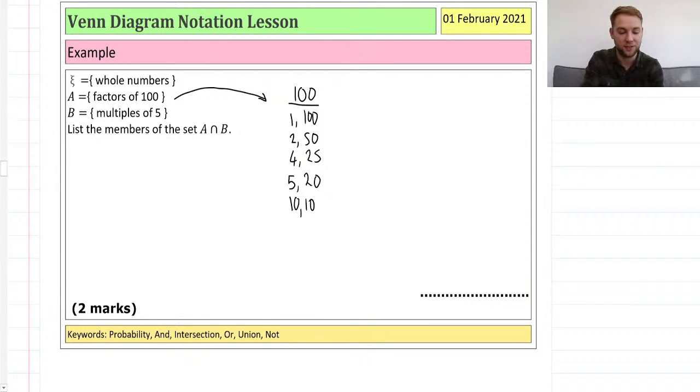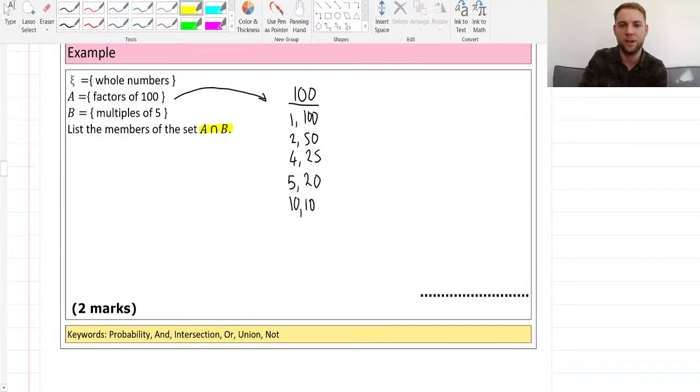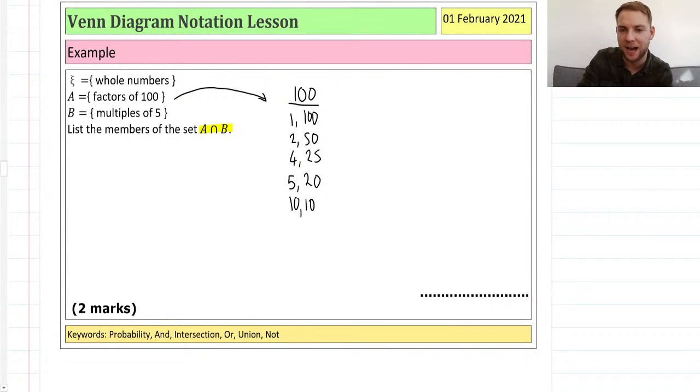Now what we need to do is think about all of these factors which are multiples of 5, because I want everything which is in A and B. So which ones of these are multiples of 5? Well, I'm going to highlight them. 100, 50, 25 is a multiple of 5, 20 is a multiple of 5, and 10 is a multiple of 5. Brilliant. So the answer to this one here is, I'm going to do them in order. Oh, I've missed one off, haven't I?